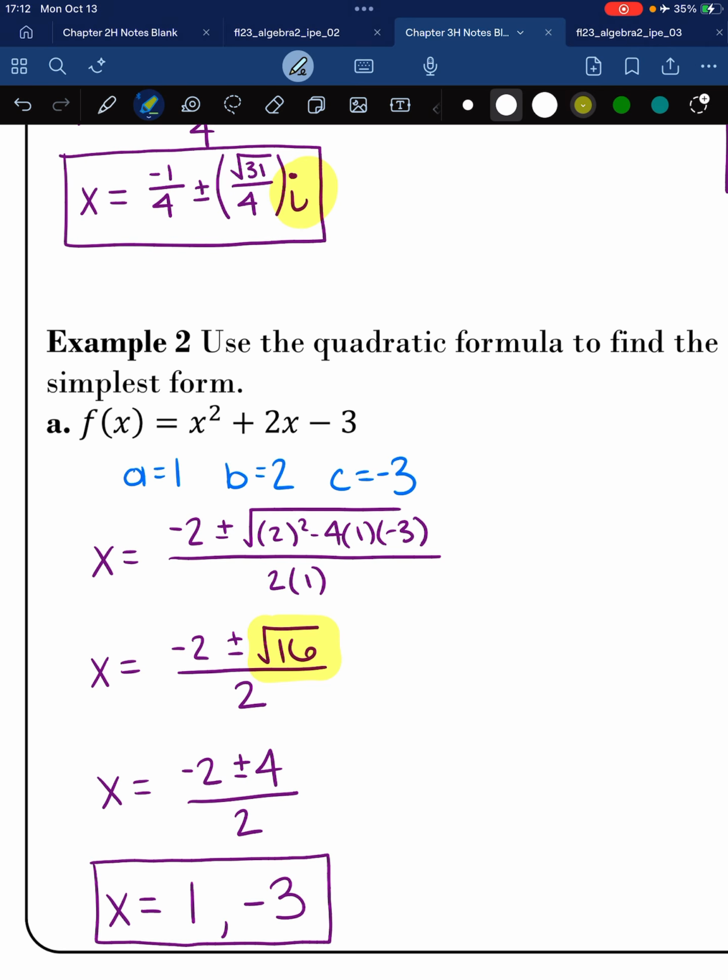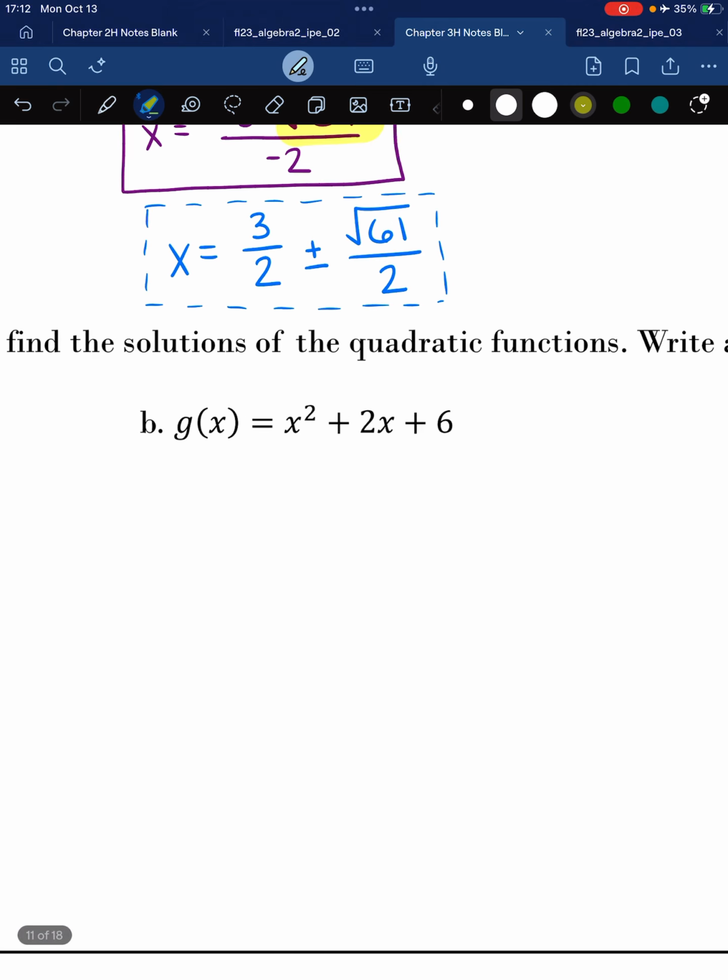Okay, but A was really nice. A was easy to factor, so it kind of makes sense I got 2 nice answers. But the reason I got 2 nice answers is because of that discriminant. We don't know that word yet. We're about to learn a word for what's underneath that square root. It's called the discriminant. That discriminant was a perfect square. So that thing underneath the square root, 16, I can take the square root of, and that's why I ended up with those integer answers.